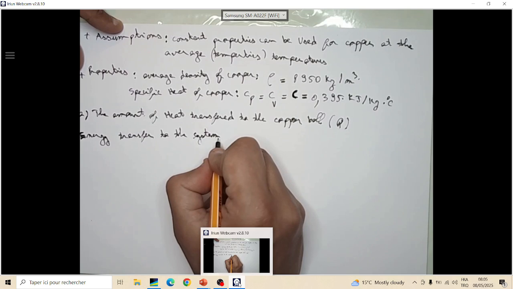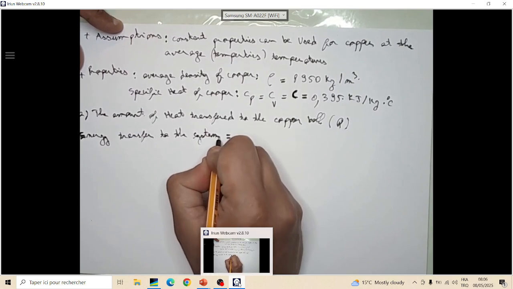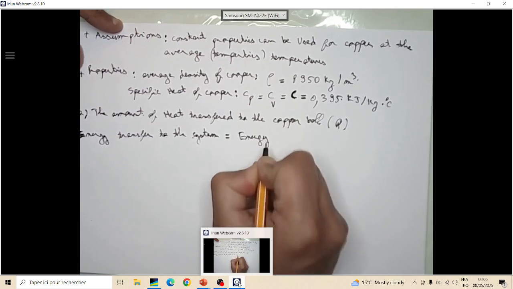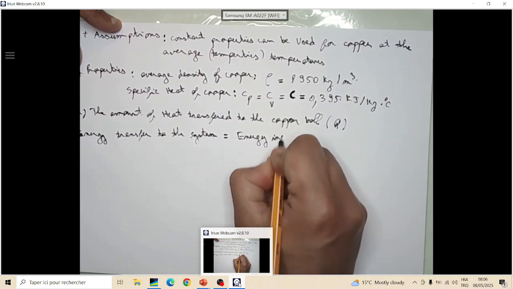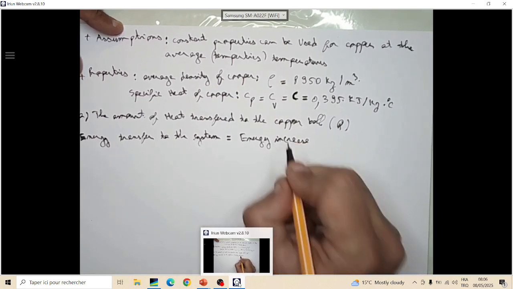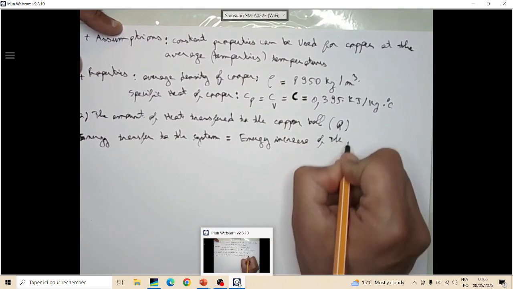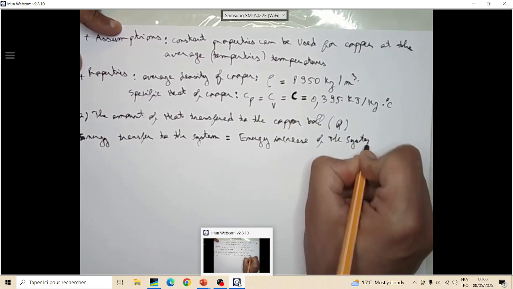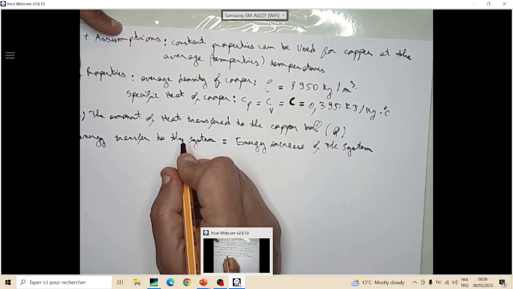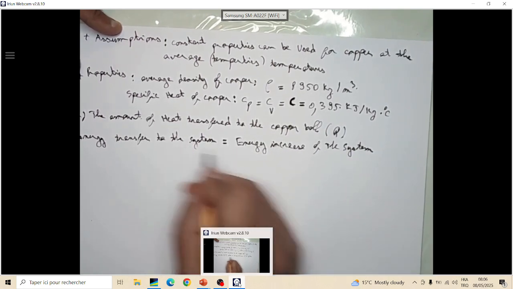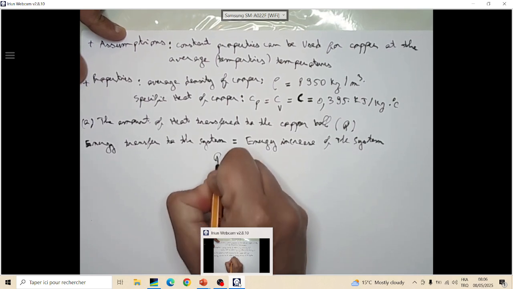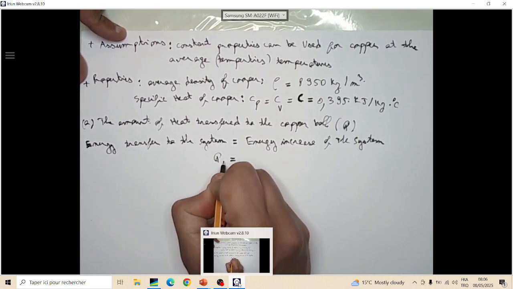Energy transfer to the system is equal to energy increase of the system. So what is the energy transfer to the system? Q is equal to energy increase of the system.